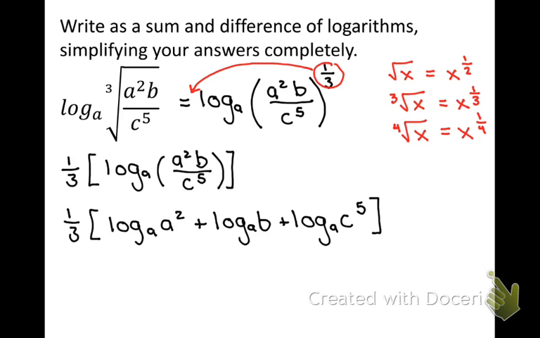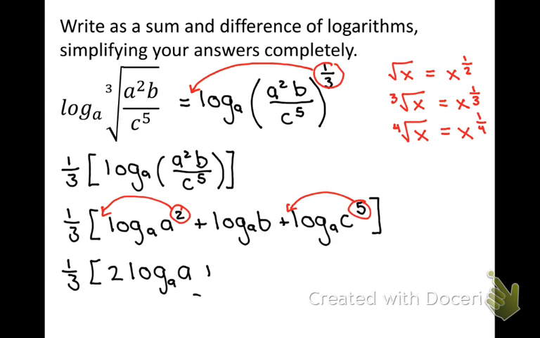Okay. All right. We can bring some exponents down front here. We've got a 2 we can bring down front. We've got a 5 we can bring down front. So we would have 1/3 times 2 log base a of a plus log base a of b plus 5 log base a of c.